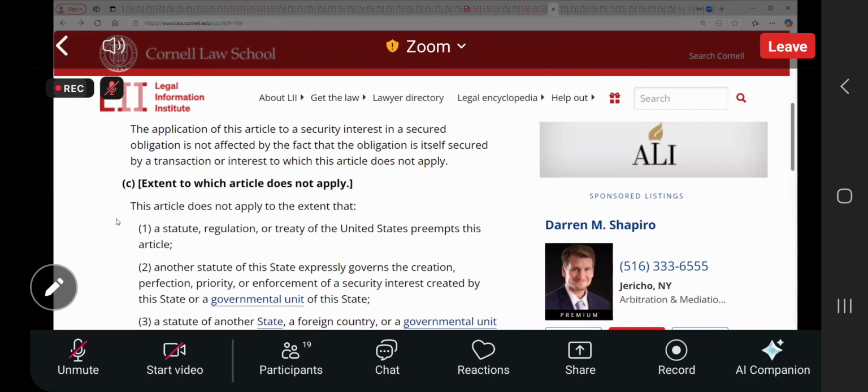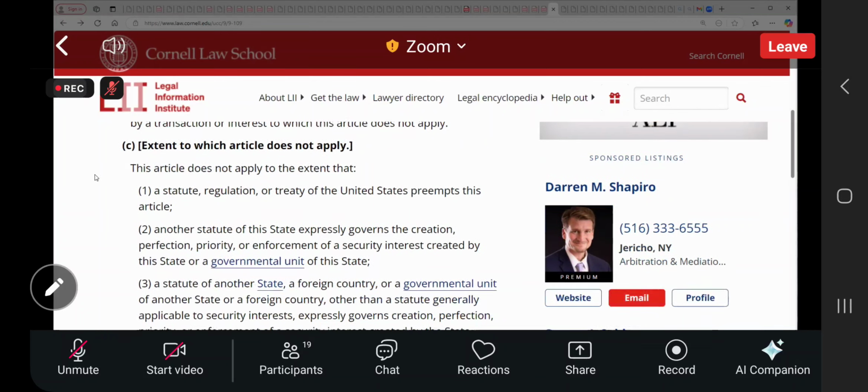Now, C and D is going to be very important because it's going to show you how to maneuver through the UCC. Okay? C, to the extent to which this article does not apply.